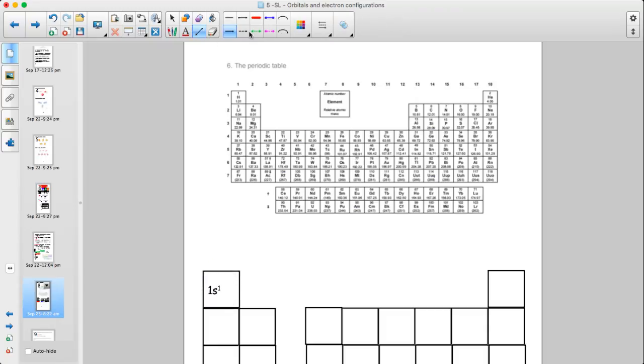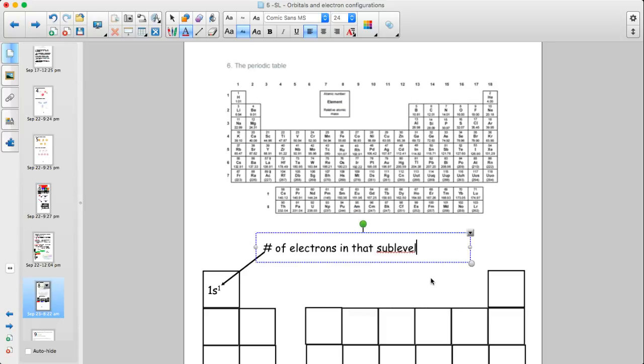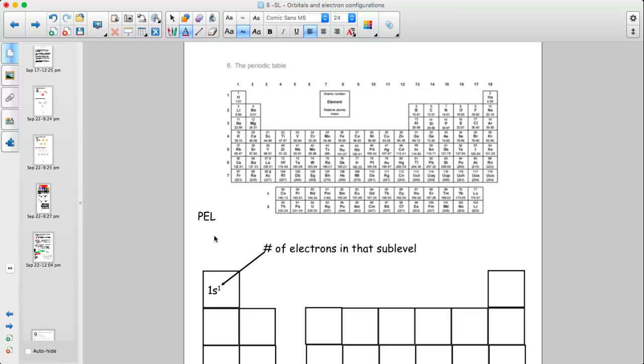This top number right here, that's the number of electrons in that sublevel. Okay, and the 1s is the type of orbital. So the big 1 is the principal energy level, and the s is the orbital or sublevel type.